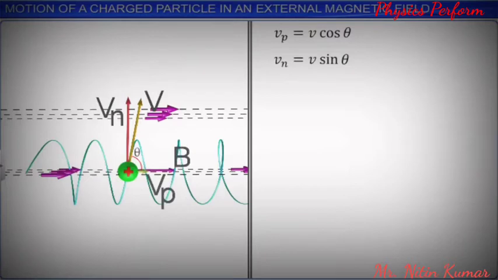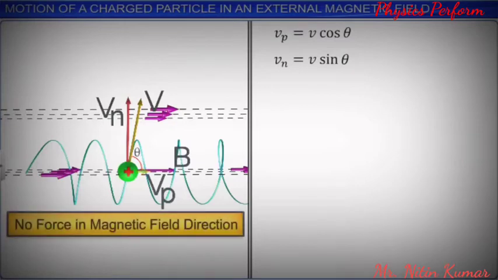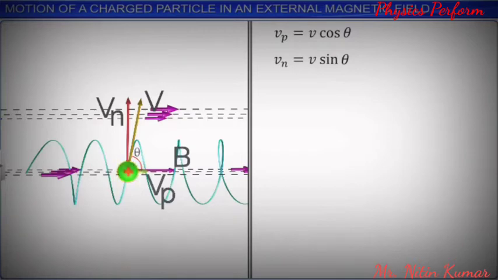The component of velocity, Vp, along the magnetic field remains the same because the angle between the parallel component of velocity and the direction of the magnetic field is zero, and hence there is no force acting along the magnetic field. The charged particle moves along the magnetic field due to the parallel component of velocity, Vp.